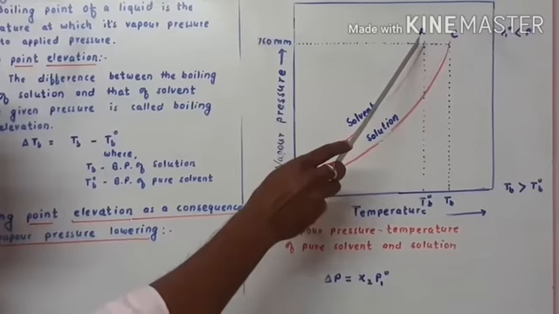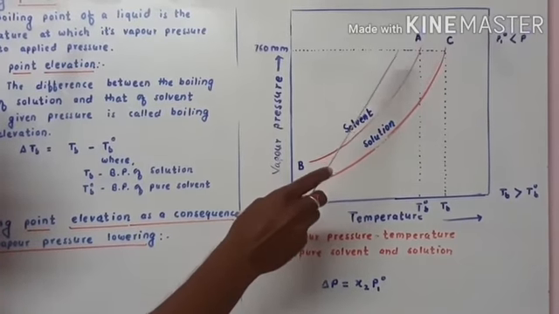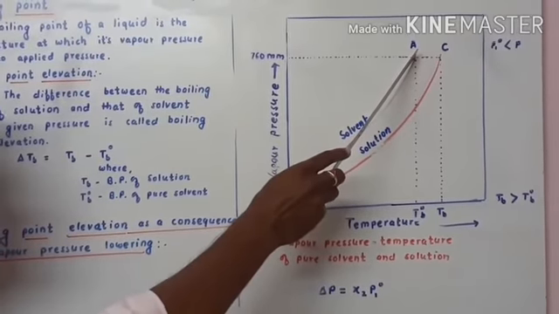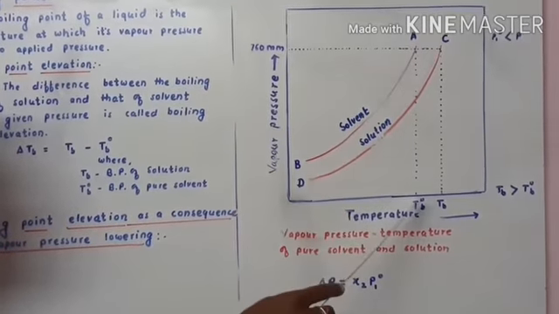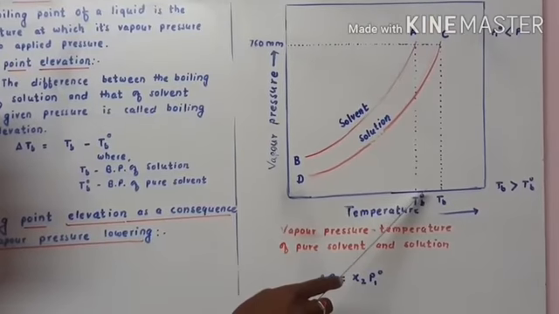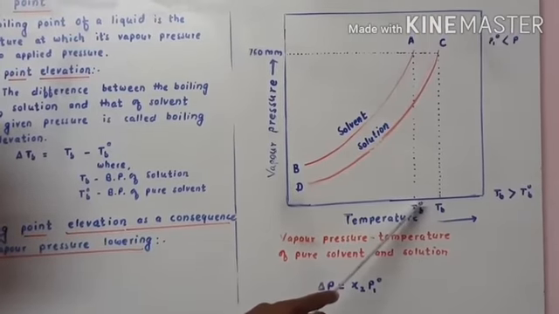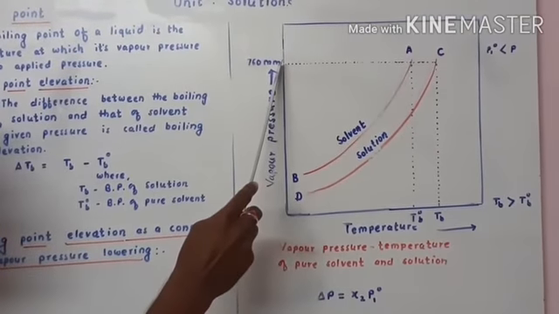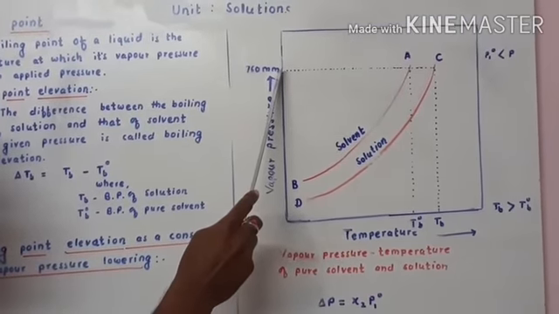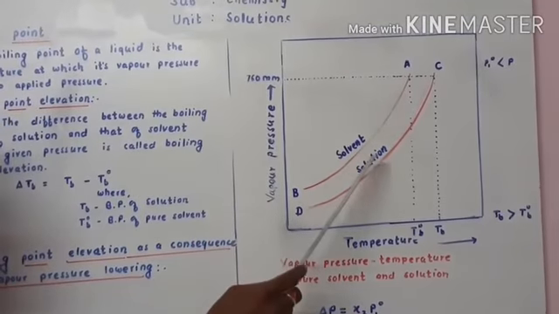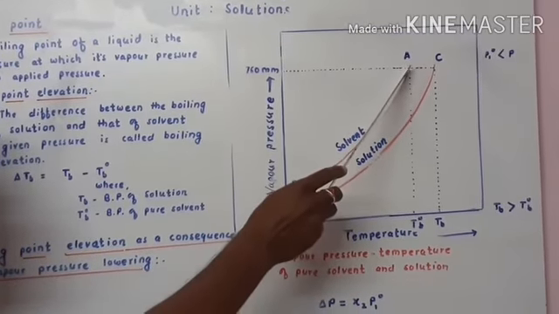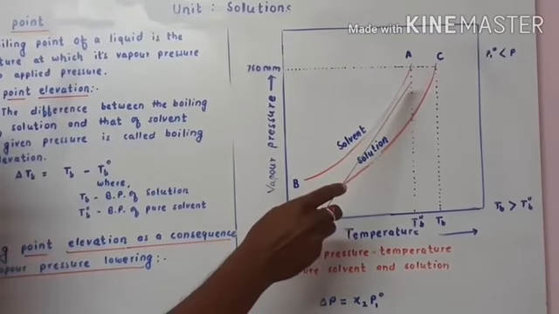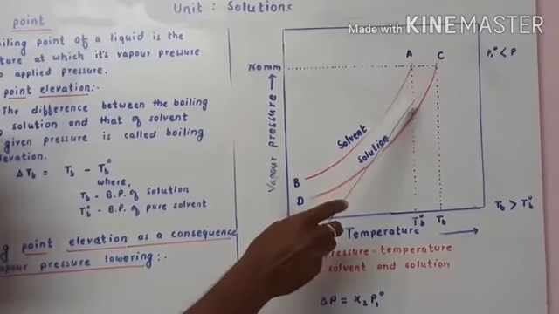So at point A, its temperature is T0B. This is the boiling point of the pure solvent, and here the atmospheric pressure is 760 millimeter of mercury. If we add a non-volatile solute to that pure solvent, then it becomes a solution.